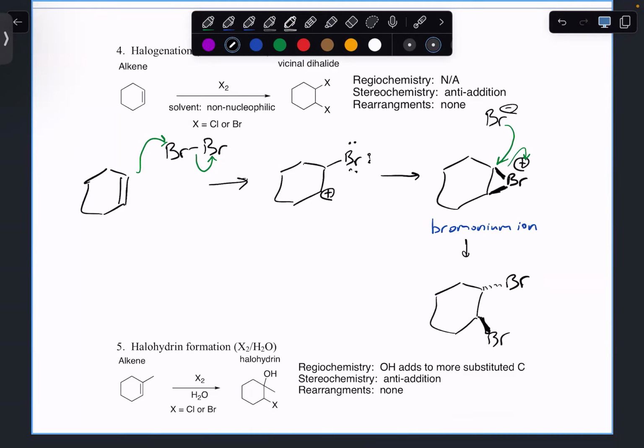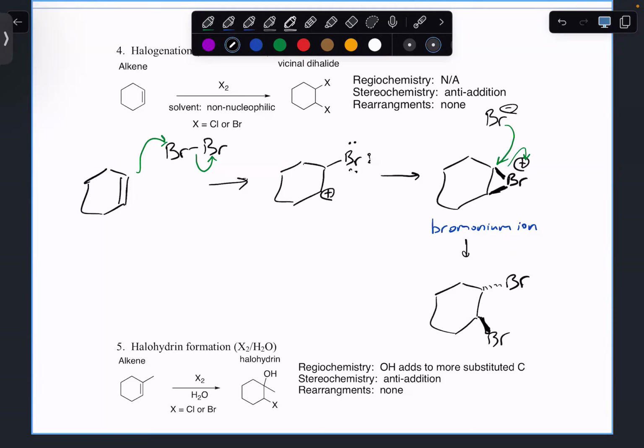But because, according to the way I've drawn this, the top face of the ring is blocked off by the three-membered ring, when the bromide comes in to attack, it has to attack from the opposite side.